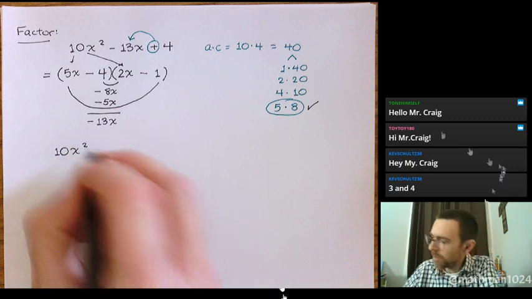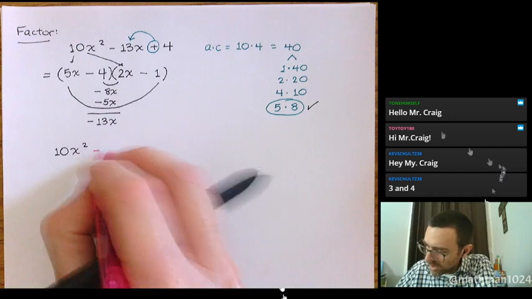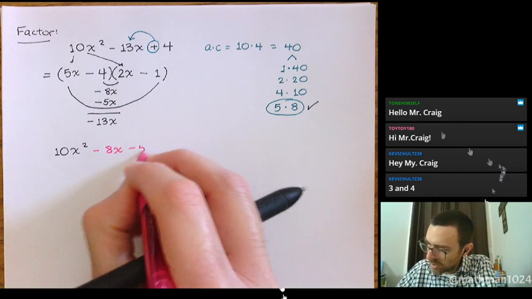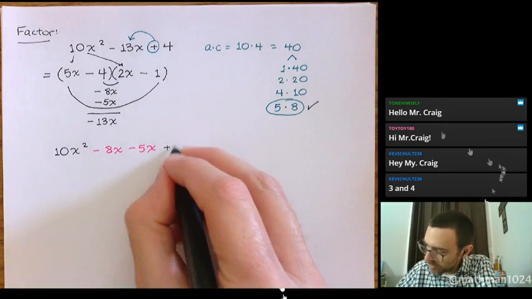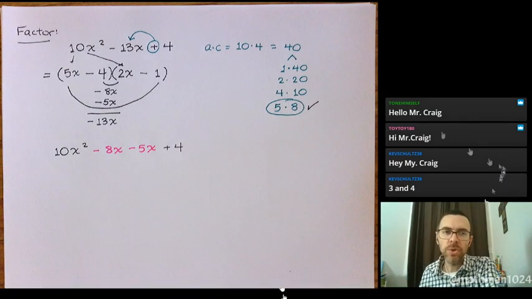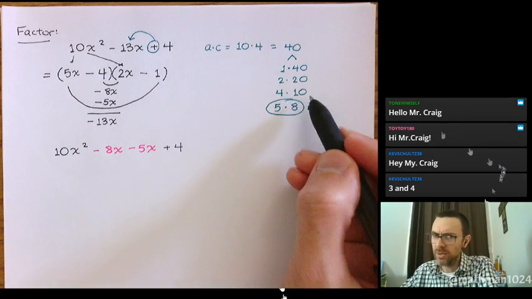Now, if you wanted to break up that middle term, and you pay attention to your signs, so you'd have a minus 8x and a minus 5x plus 4. Now, what we're showing you here is only going to work as long as you know how to combine 5 and 8 to get 13, and you don't think that 4 and 10 is 13.